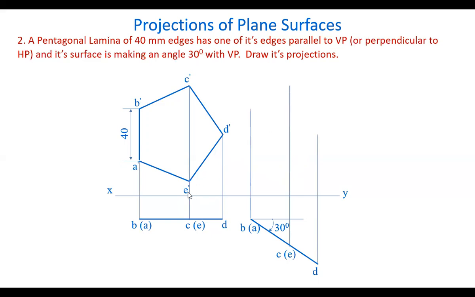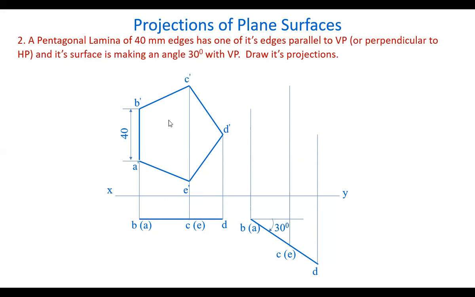In the front view, when you see this first position, we are not changing the height of this plane above the horizontal plane. The pentagonal plane is at the same height, just only we are moving this point D away from the VP. So all these points are at the same height above the horizontal plane.